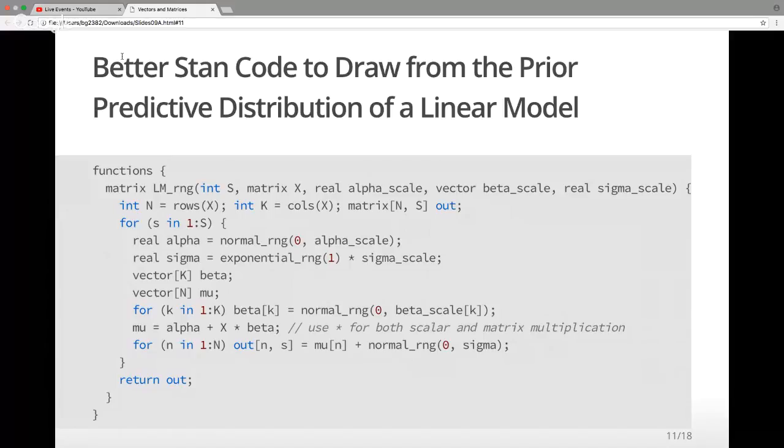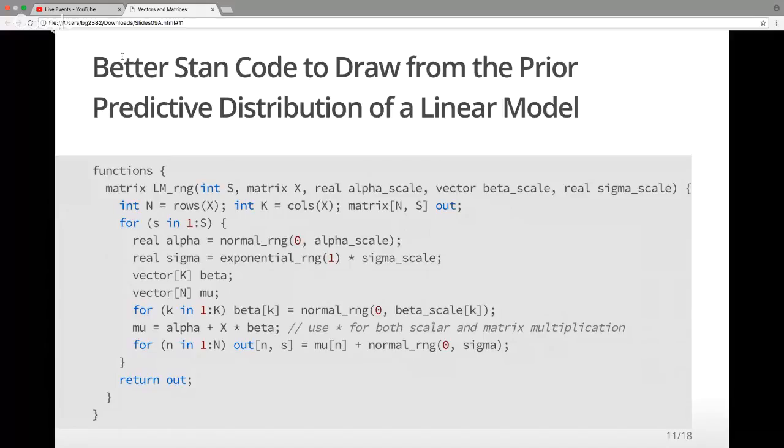This is the standard deviation of the errors in a linear model. As we've done before, I like to use the exponential distribution here because it is the maximum entropy distribution for a random variable that is known to be positive. We know what its expectation is, but we're not willing to specify anything more than that in our prior.